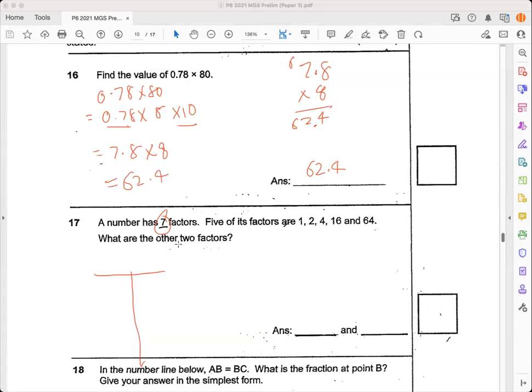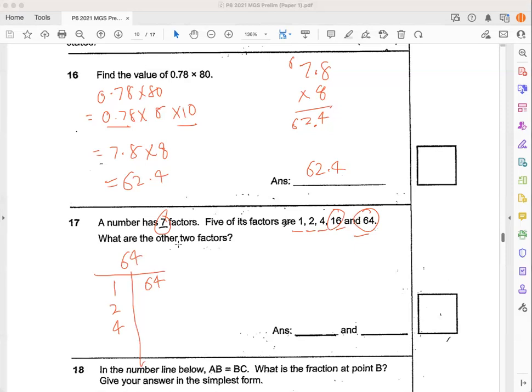So the given factors here are 1, 2, 4, 16, 64. Obviously the first factor is always 1. Now we're going to guess. The largest number here is 64, so I'm going to put 64 here, because 1 times 64 is 64. So we have another 16 here.